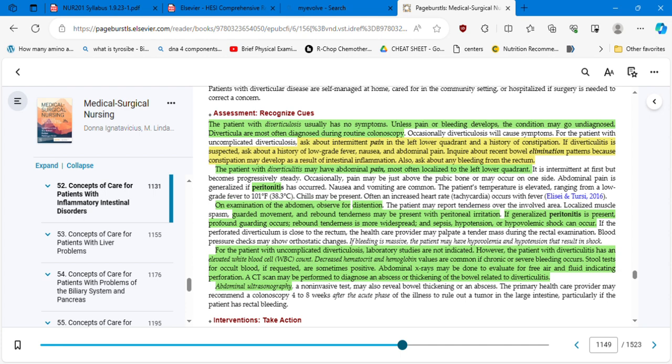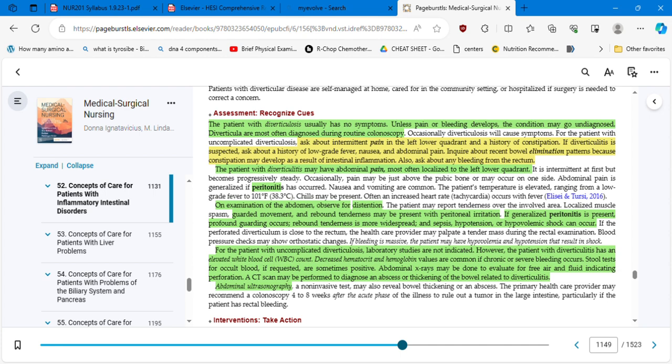So we have reviewed the concept of tenesmus, right? I wouldn't wait for a patient to have constipation, and probably after that, because the patient is straining in the rectum or the sigmoid colon to have a bowel movement, the patient is going to develop hemorrhoids. I'm not going to wait for that.